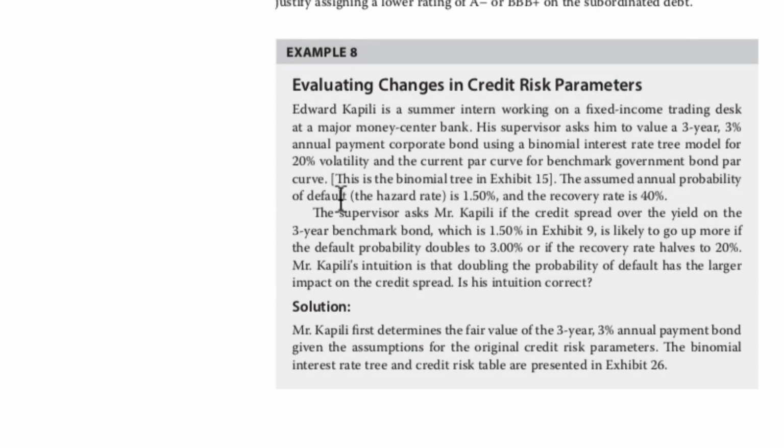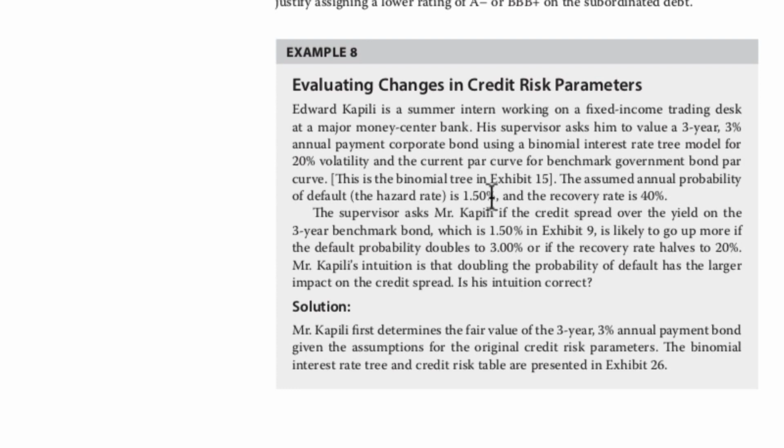The assumed annual probability of default is 1.5% and the recovery rate is 40%. The supervisor asks Mr. Capilli if the credit spread over the yield on the 3-year benchmark bond, which is 1.5%, is likely to go up more if the default probability doubles to 3% or if the recovery rate halves to 20%. So that's an interesting question.